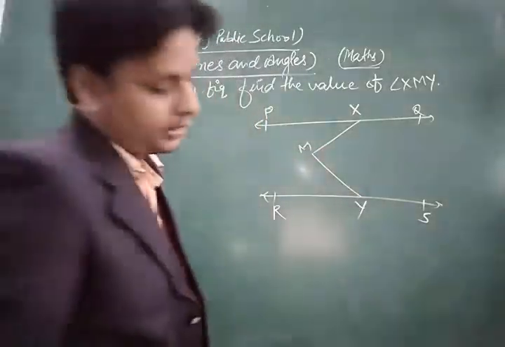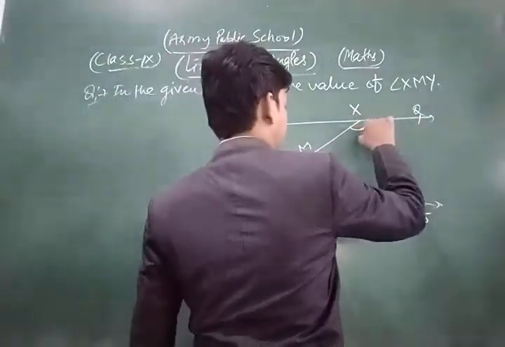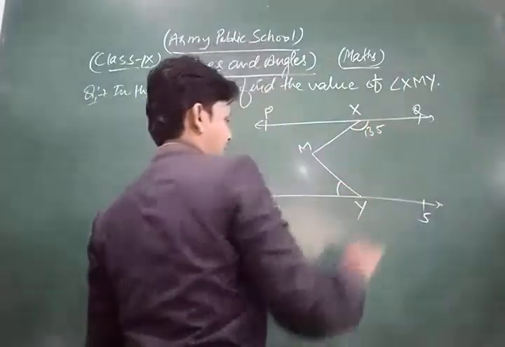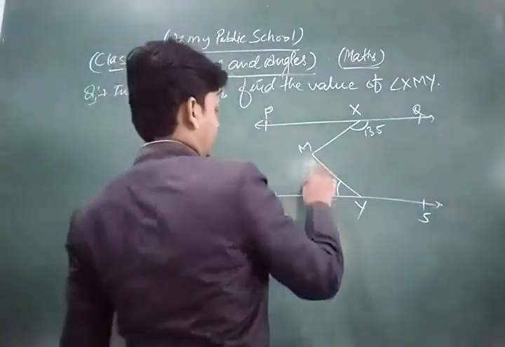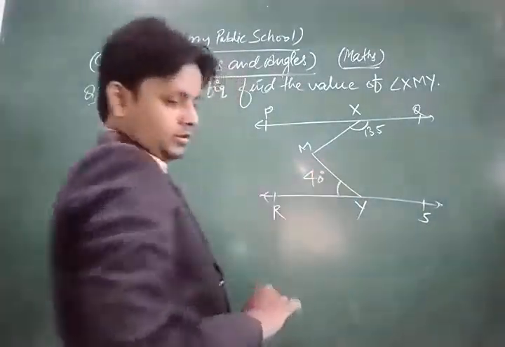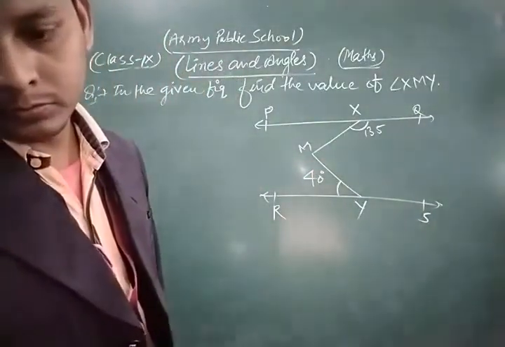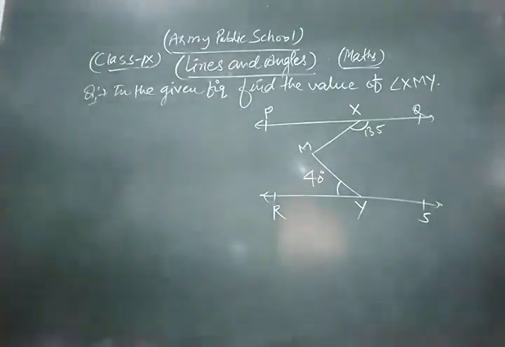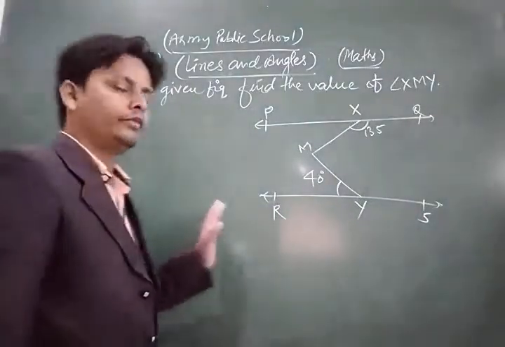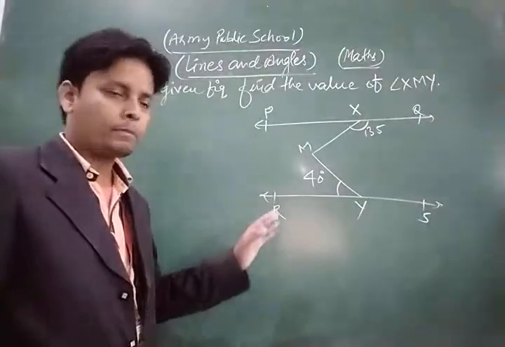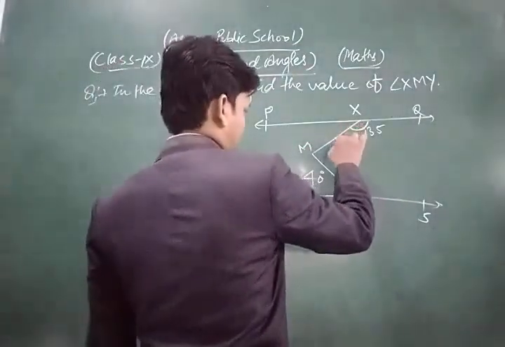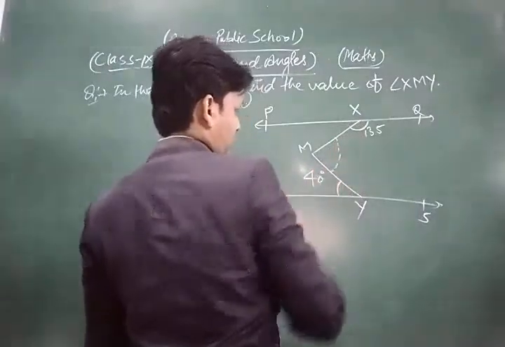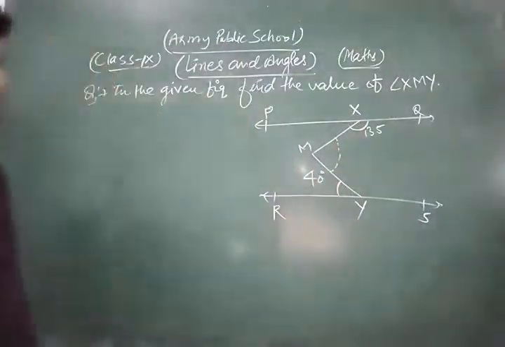This is 135 degrees, and this is 40 degrees. Okay, this is the question again, and for that question, we find the value of angles x and y. So now let's see its solution.